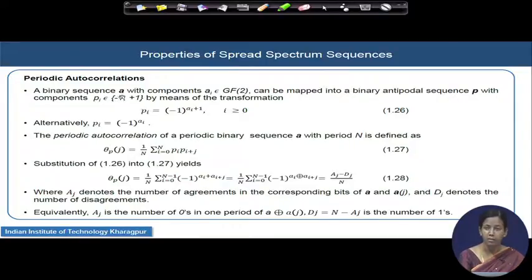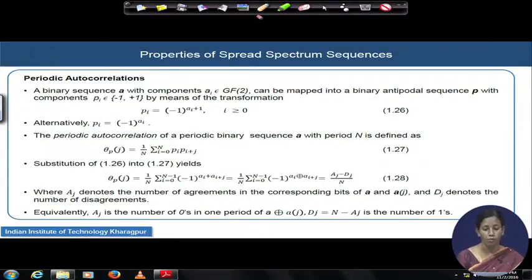Suppose I have a binary sequence A, whose components ai are drawn from the Galois field 2. If it is a Galois field 2 component, it can have only two values, 0 and 1.